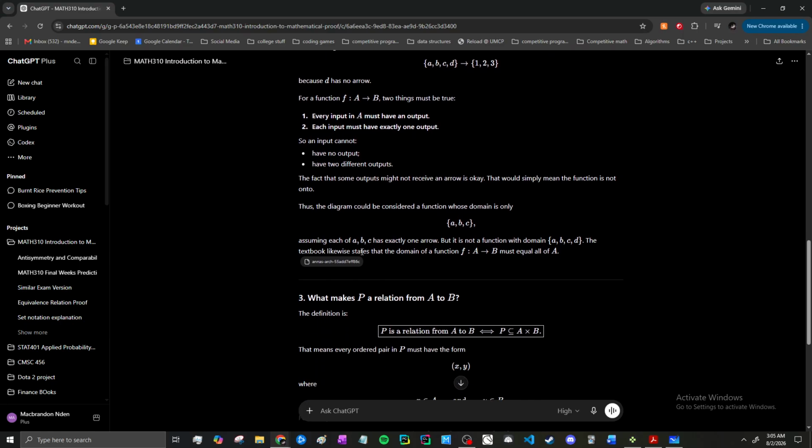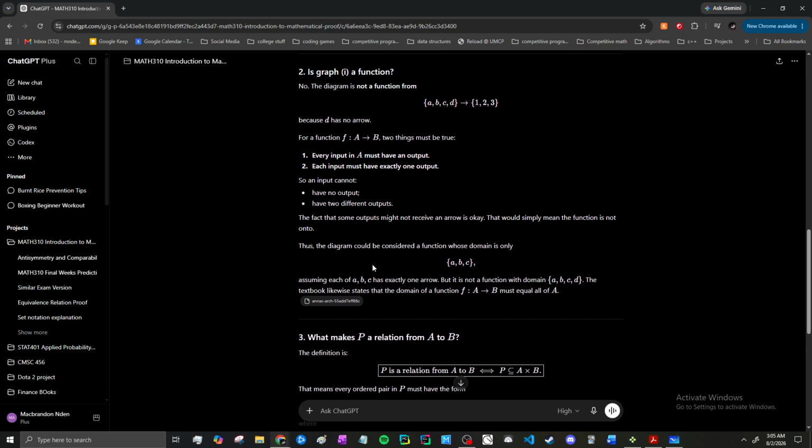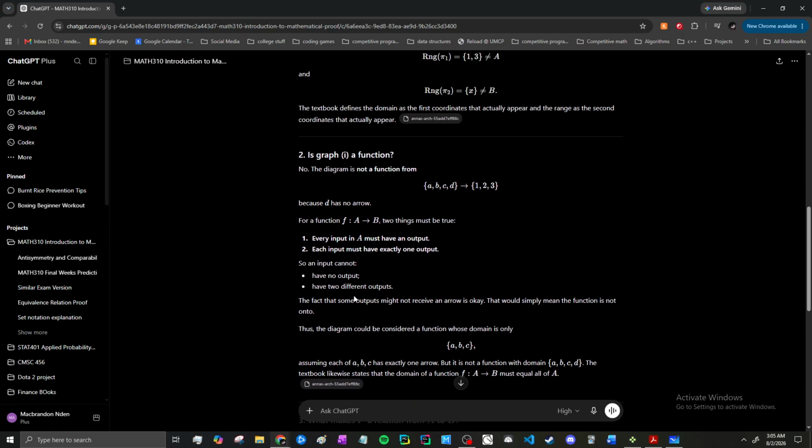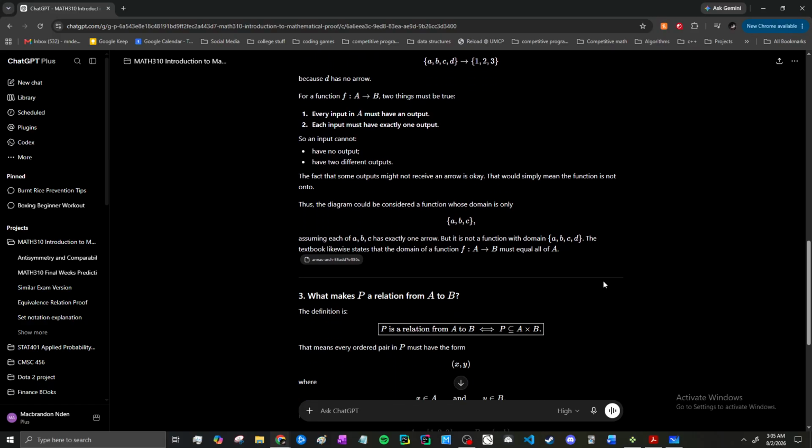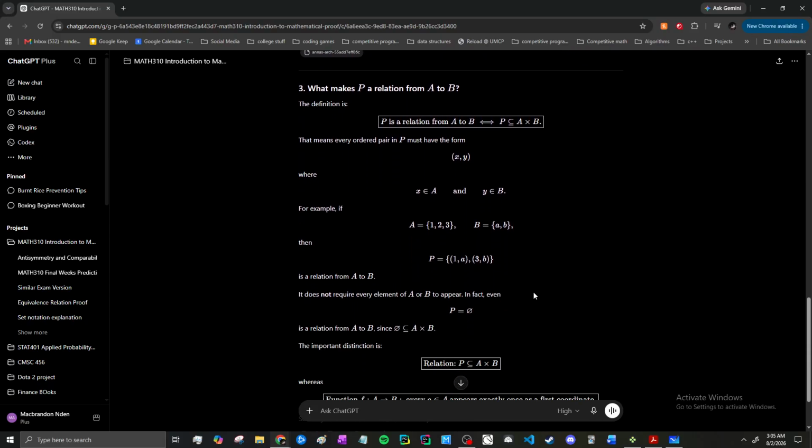Okay. What makes P a function relation to A?